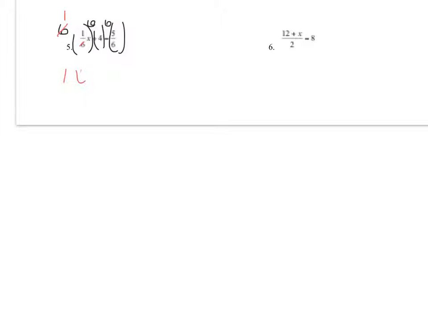You don't have to write the 1, but you can. Here, 6 times 4, no fraction to eliminate, so I'm just going to get plus 24. And then here, I have 6 divided by 6 is 1, and 1 times 5 is going to equal 5.